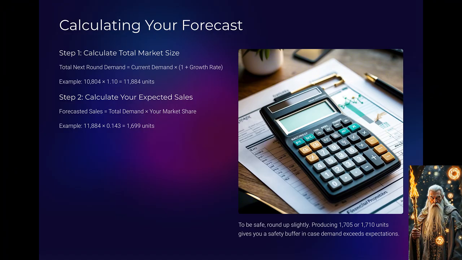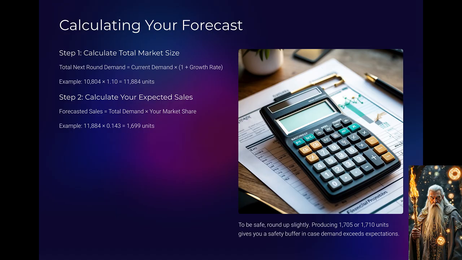Now, look at your product's projected market share. The Fast Track report may show that you're expected to capture 14.3% of the low-tech market. Multiply that projected market share by the total forecasted demand. Forecasted sales equals 11,884 times 0.143, which is equal to 1,699 units.